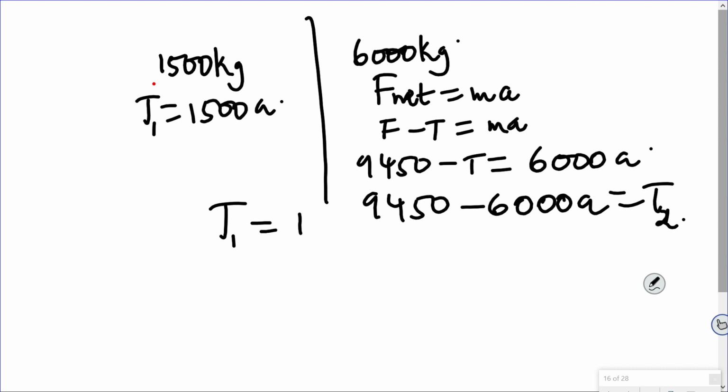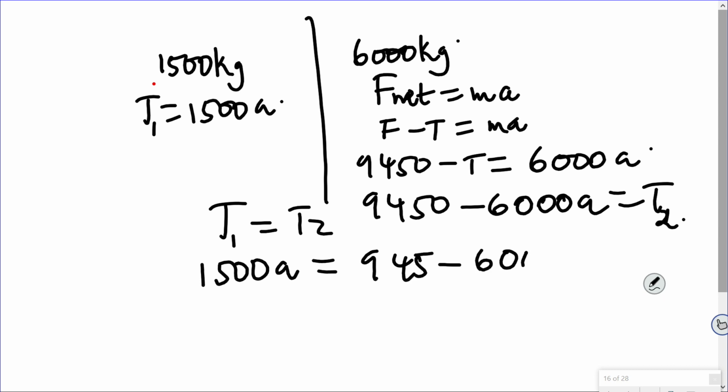T1 is 1,500 A and T2 is 9,450 minus 6,000 A.